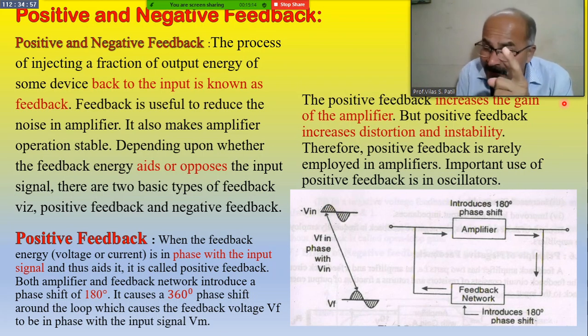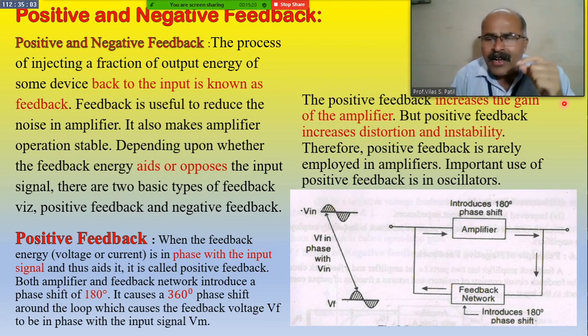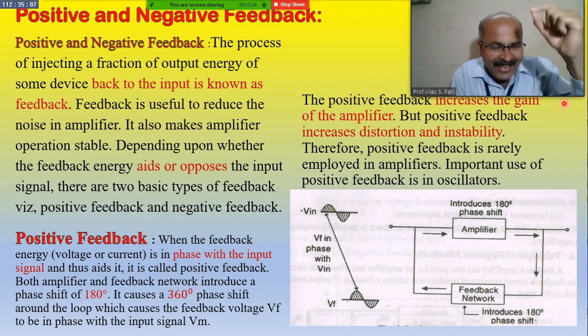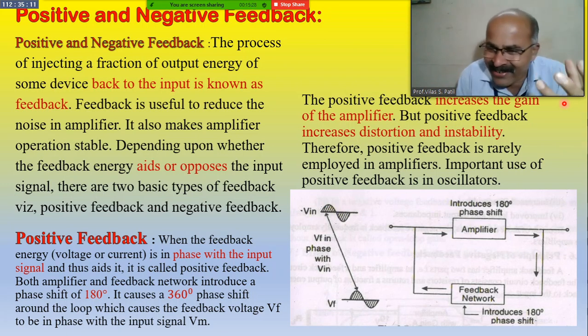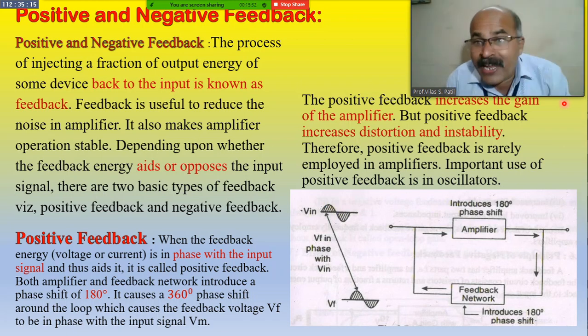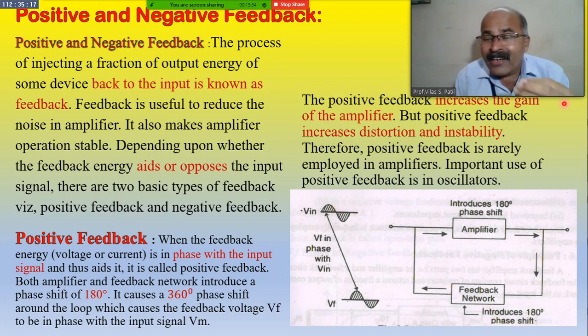There is one merit and two demerits given by the positive feedback. In positive feedback, the merit is the gain is increased, but there are two demerits. What are they? One is the distortion, means the noise will be increased. Again, instability will be increased, means the stability will be decreased.